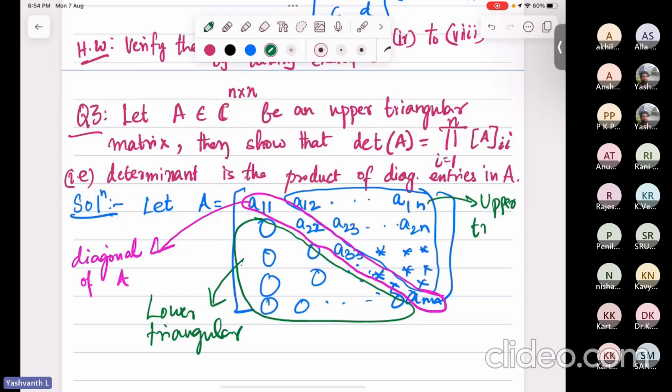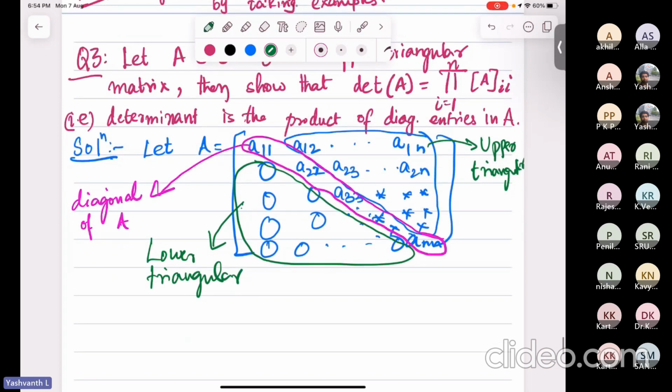That is, all entries above the diagonal are called upper triangular, and all entries below the diagonal are called lower triangular. An upper triangular matrix is a matrix in which the lower triangular part is completely zero, and the upper triangular part has some non-zero elements. Similarly, a lower triangular matrix is one where all the upper triangular parts are zero and the lower triangular parts are non-zero. So this is the definition of upper triangular and lower triangular matrices.